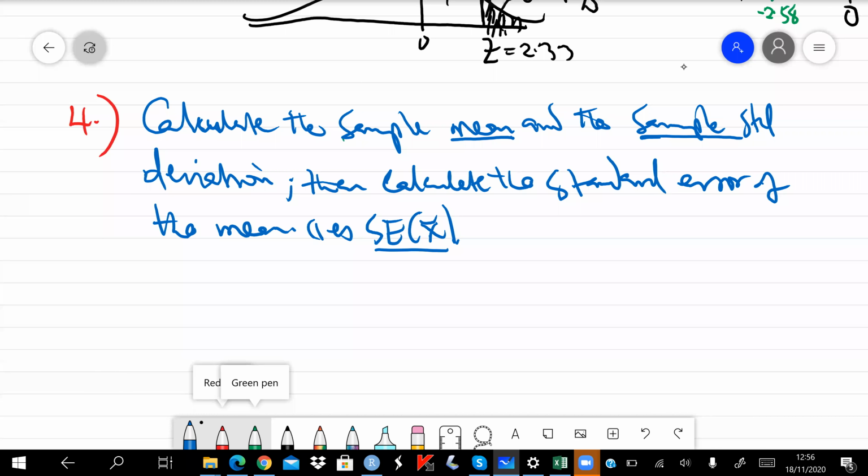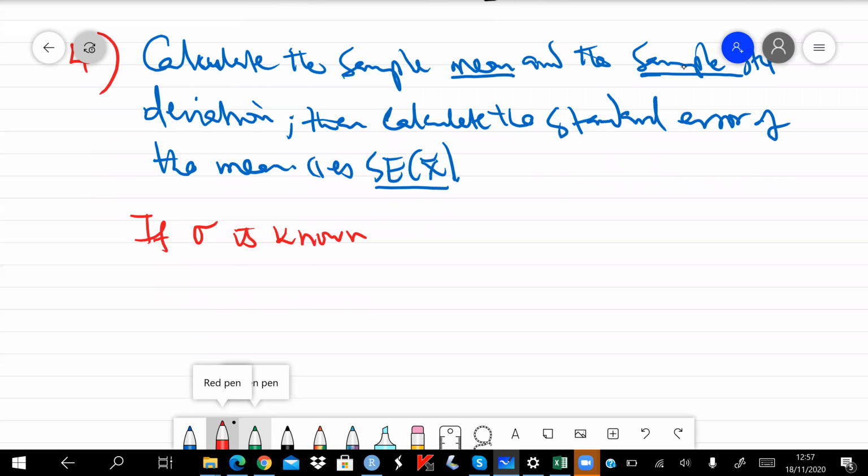So you say that if sigma is known, you obtain the standard error of the mean as sigma over root n, where sigma is the population standard deviation and n is the size of the sample. Okay.